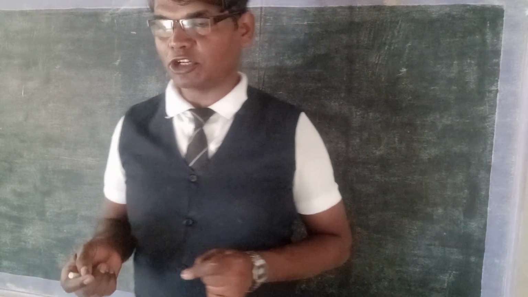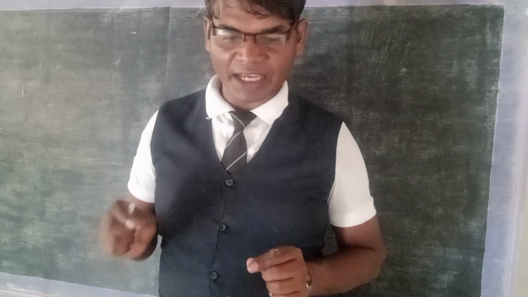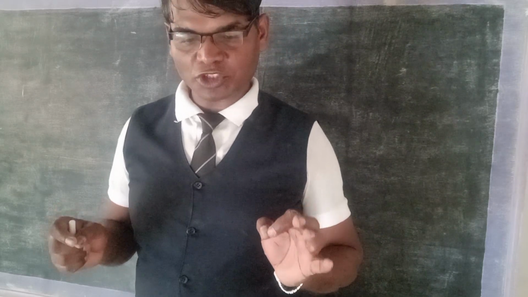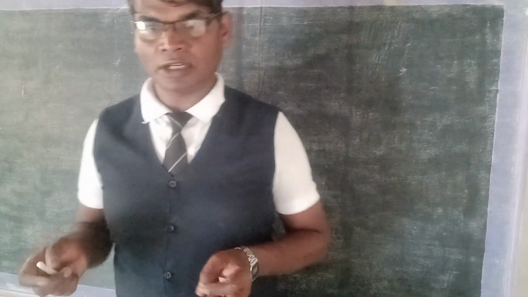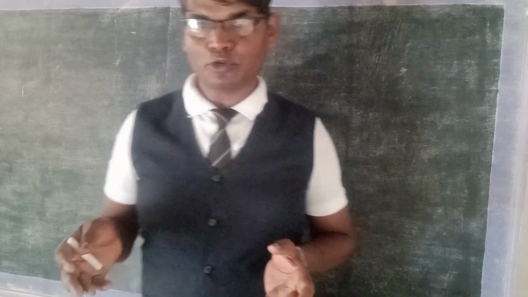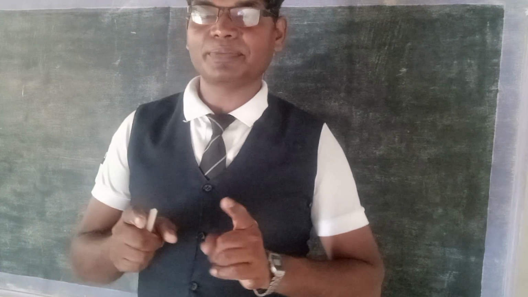And we are studying here the biology. In biology, we are studying WBC. In WBC, we are going to study two types of WBC, as we have known: monocytes and lymphocytes. And the lymphocytes differentiate into two types, B lymphocyte and T lymphocyte.